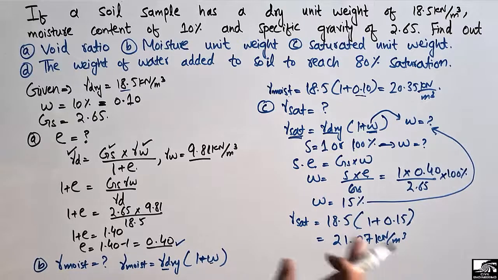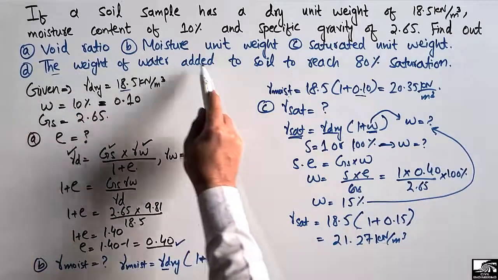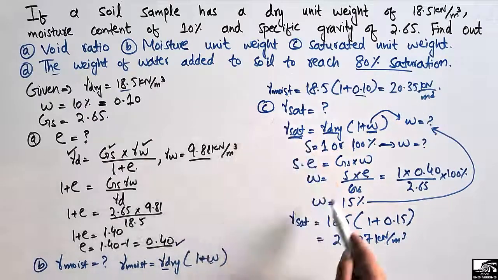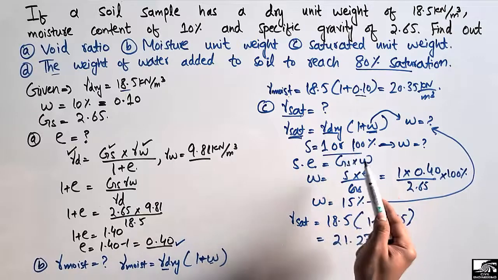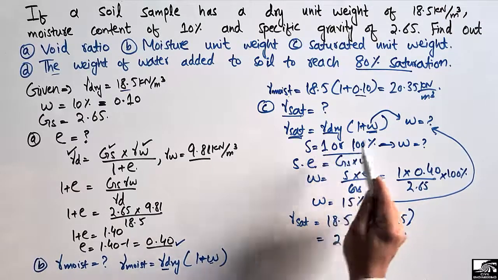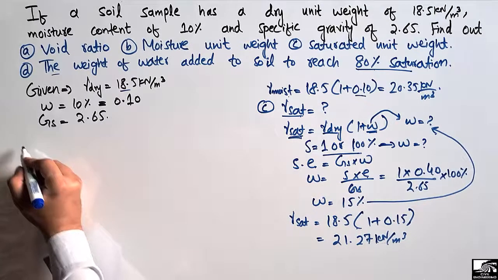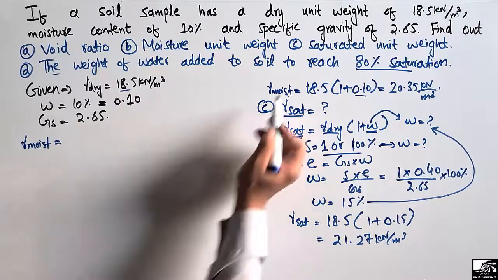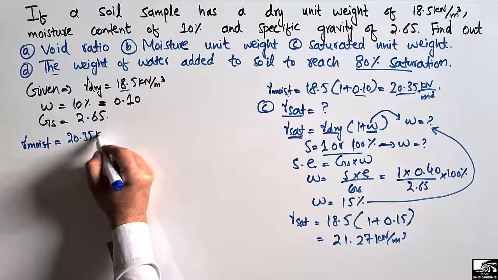Now the fourth part says to find out the weight of water added to the soil to reach 80% of the saturation. In this case, gamma saturated was for the 100% saturation. Now we have to find out the weight of water added so that saturation reaches 80%. We know that the gamma moisture we found out before was 20.35 kilonewton per cubic meter.